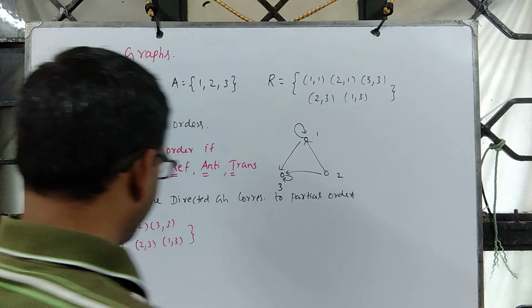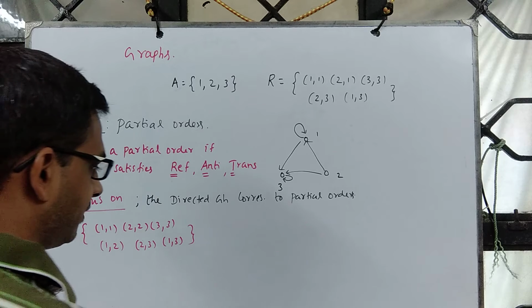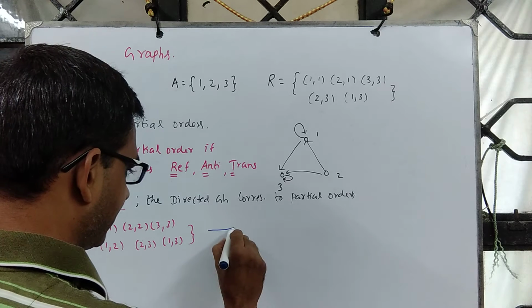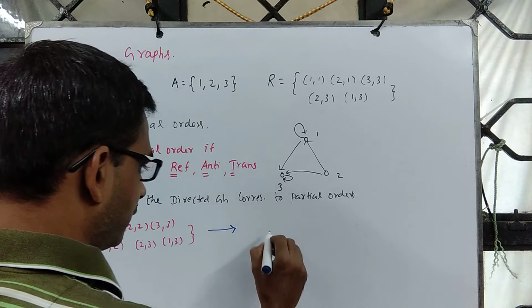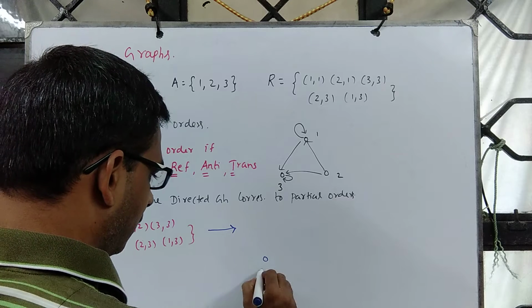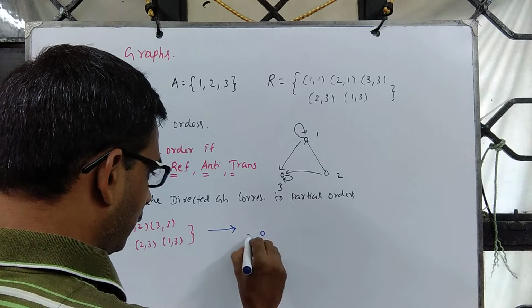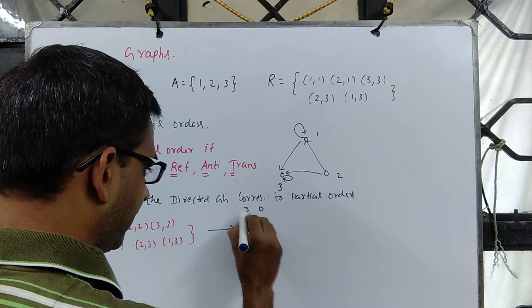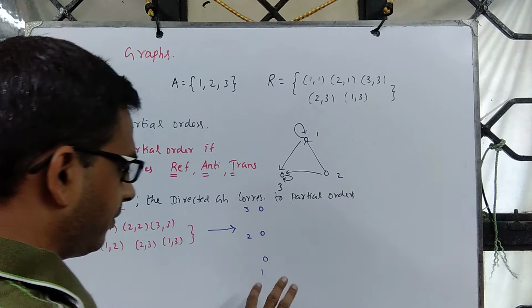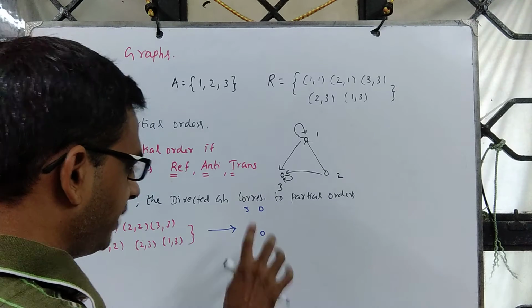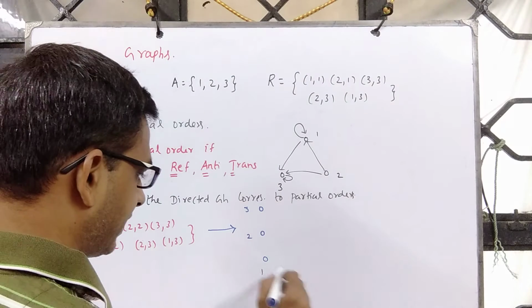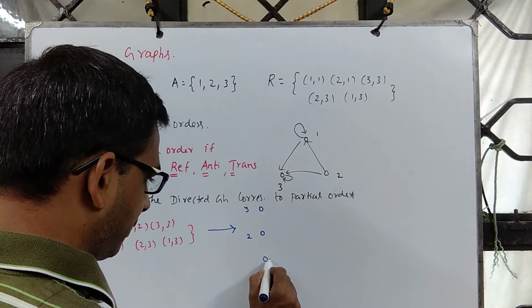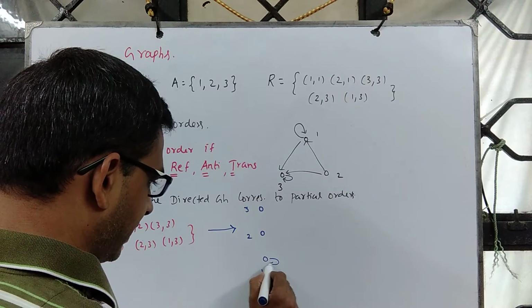Let's look at the underlying directed graph corresponding to this. So you will have 1, 2, 3. I am drawing it in a peculiar style. You will understand why such a drawing is required in a moment.